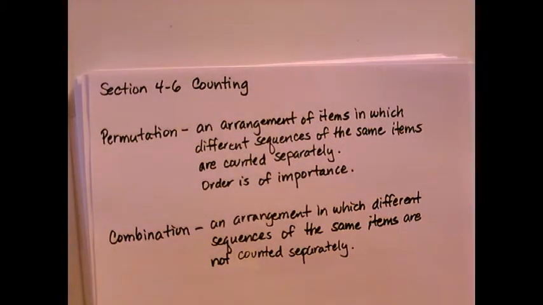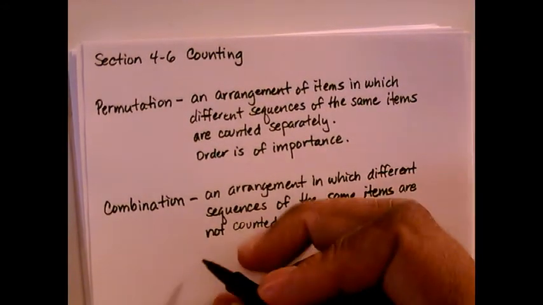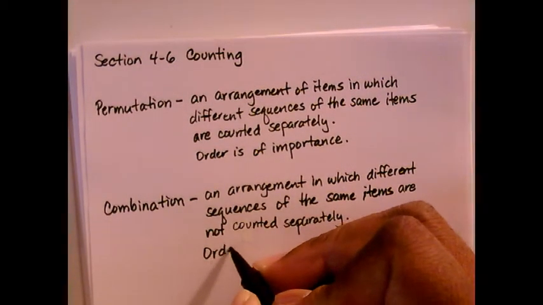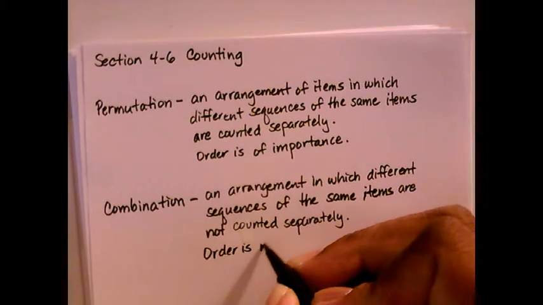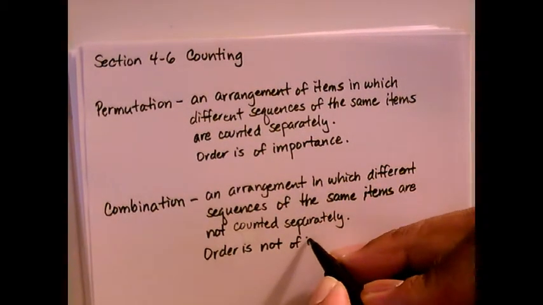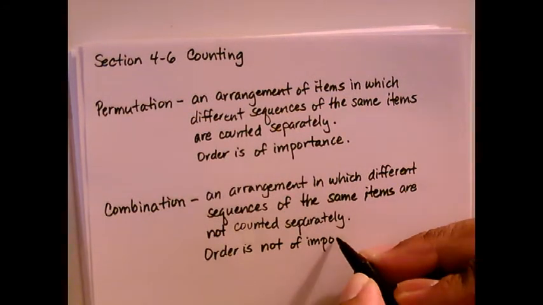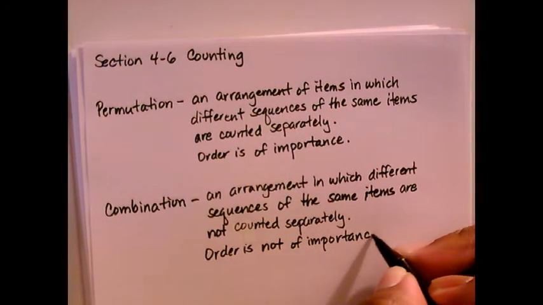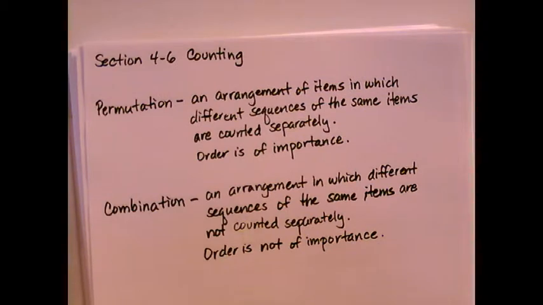In other words, to put it in perspective, order is not of importance. Okay? So that's the difference between a combination type problem and a permutation type problem. In permutations, the order is important, but with combinations, order is not going to be of importance. Okay?